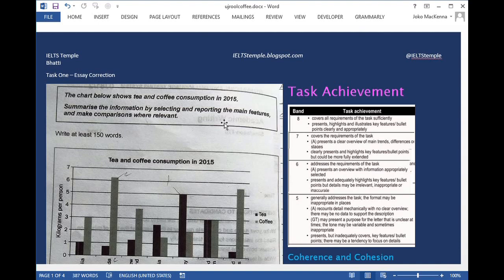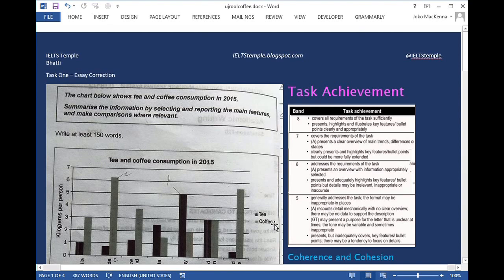First of all, you need to pay attention to the difference in the marking criteria in the two tasks. In task one, it is task achievement. See here? I have it in pink. And you'll notice when you look at this, there's some similar words, but what jumps out at you? Covers all requirements, covers all requirements, all requirements.